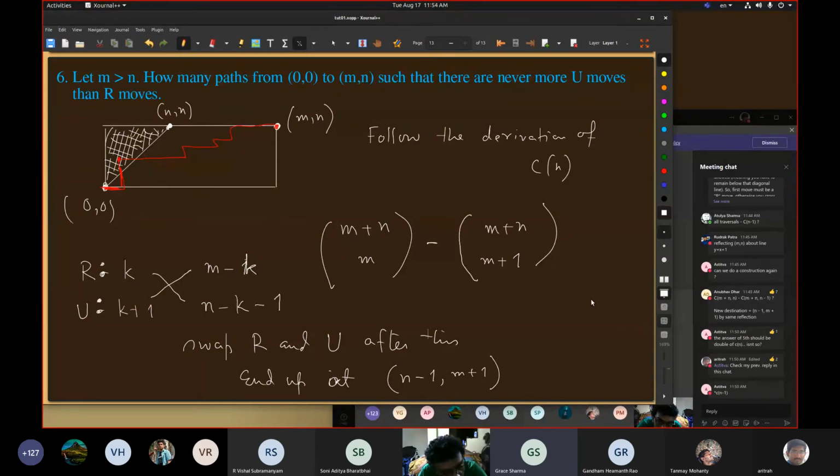Sir, in the partition topic you derived n plus k minus 1 choose n: x1 plus x2 plus so on up to xn is equal to k, where each xi is a non-negative integer.